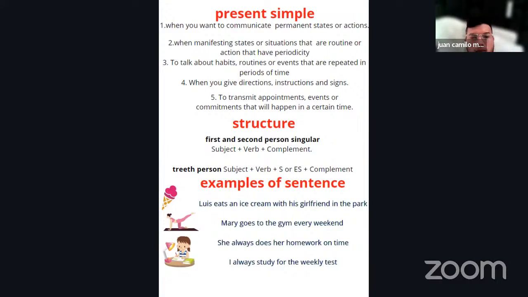And third, to tell about habits, routines, or events that are repeated in periods of time. Fourth, when you give directions, instructions, and things. Fifth, to transmit appointments, events, or commitments that will happen at a certain time.